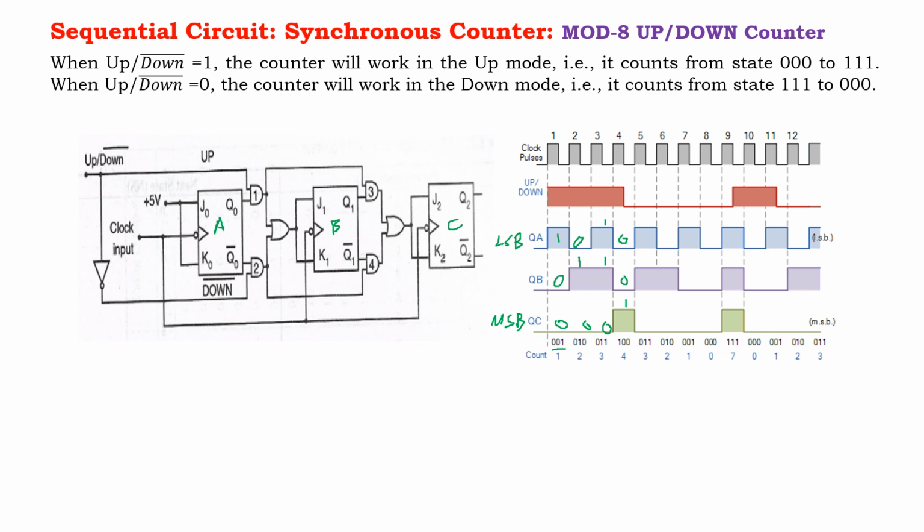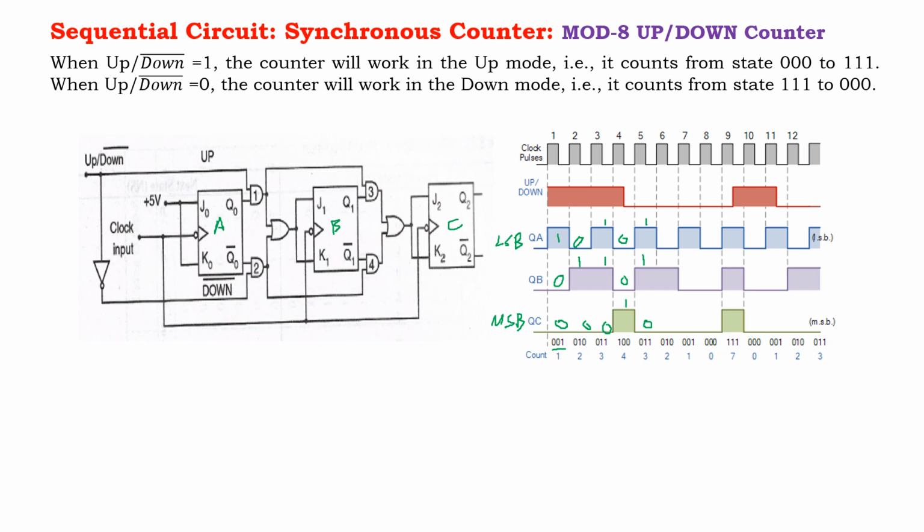Okay, so after counting 4, when M is 0, that means the down count starts. Down count start means here this is 1, this is 1, and this is 0.